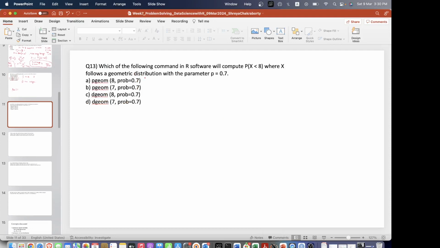Which of the following commands in R will compute probability X less than 8, where X follows a geometric distribution with the parameter p equal to 0.7? Okay. So in R, geometric distribution is modeled as X equal to the number of failures until first success.